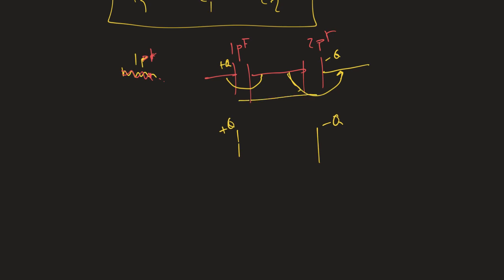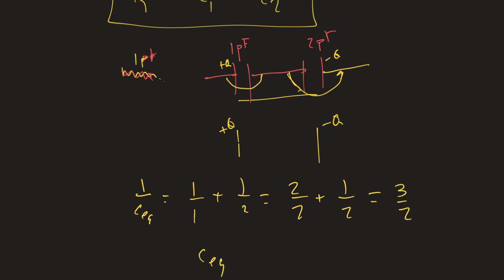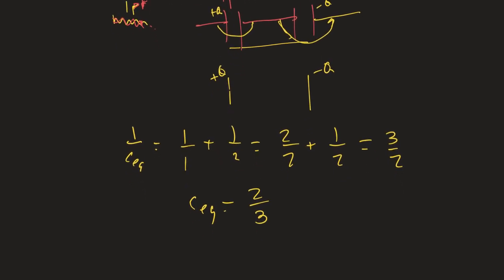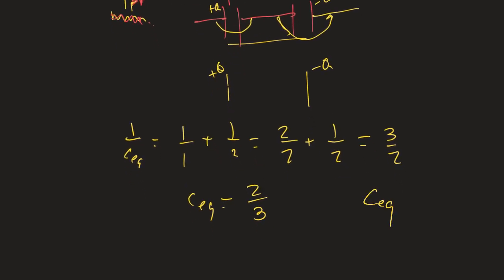So 1 over C equivalent equals 1 divided by 1 plus 1 divided by 2, that is 2 divided by 2 plus 1 divided by 2, which is 3 divided by 2. So C equivalent will be 2/3. As you see, the equivalent capacitance is smaller than C1 and smaller than C2.